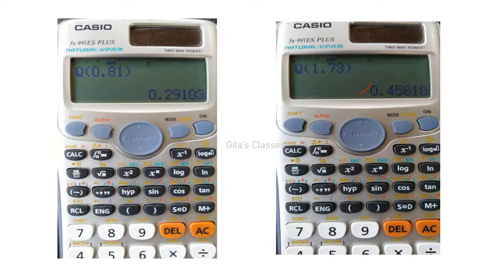Q of 0.8, 1 is 0.29103. Dinesh Reddy, this is correct. Very good. Excellent.